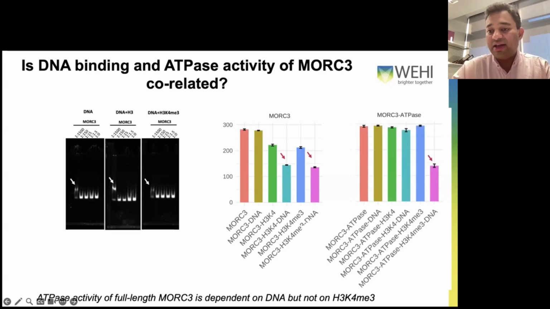This was quite interesting as compared to just the ATPase domain, for which there has been previous work showing that indeed you require the H3K4 trimethylation peptide and DNA in order to show ATPase activity. So our preliminary data is showing that for the full-length MORC3, the ATPase activity is indeed dependent on the DNA, but not on the H3K4 trimethylation mark.